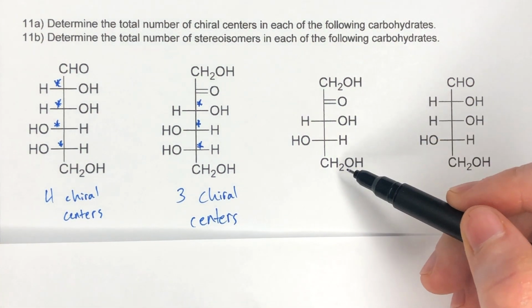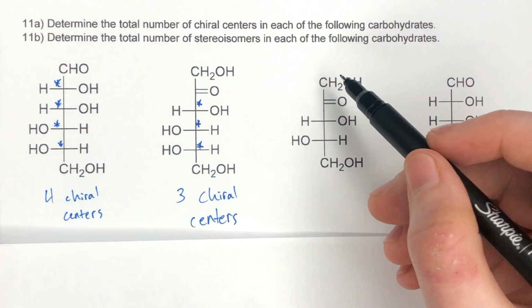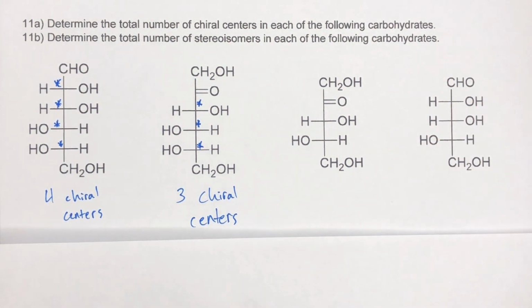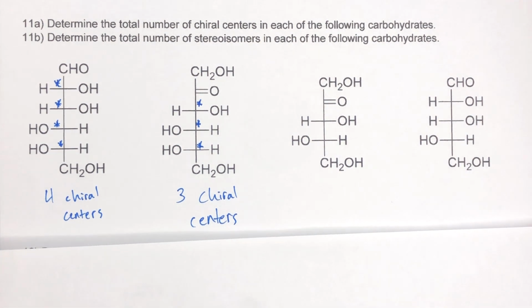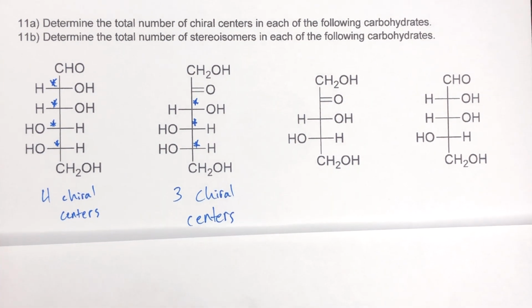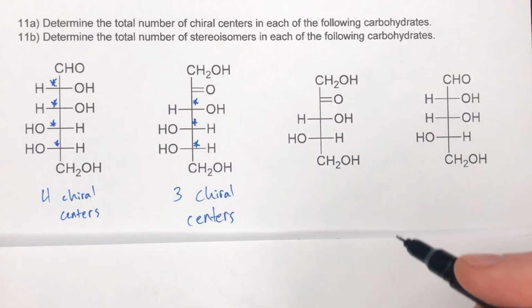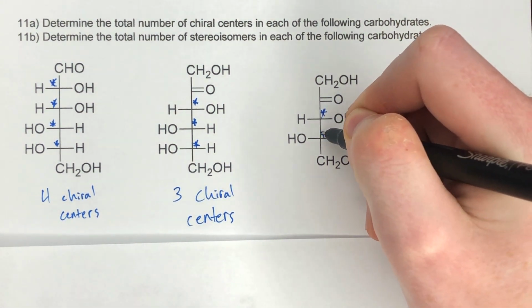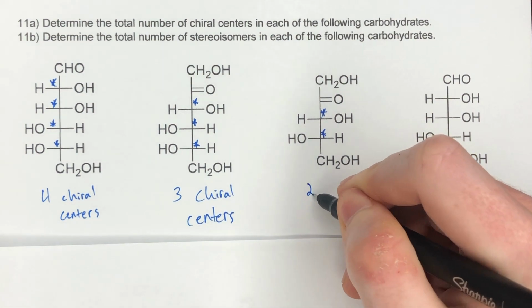So if we move now to the pentose, the 5-carbon sugar, again, CH2OH, CH2OH, those are not chiral carbons because they are bound to 2 hydrogens, which are the same group, so not 4 distinct groups. And then, of course, you have the ketone, which is not chiral, so then only these 2 alcohol positions are chiral.